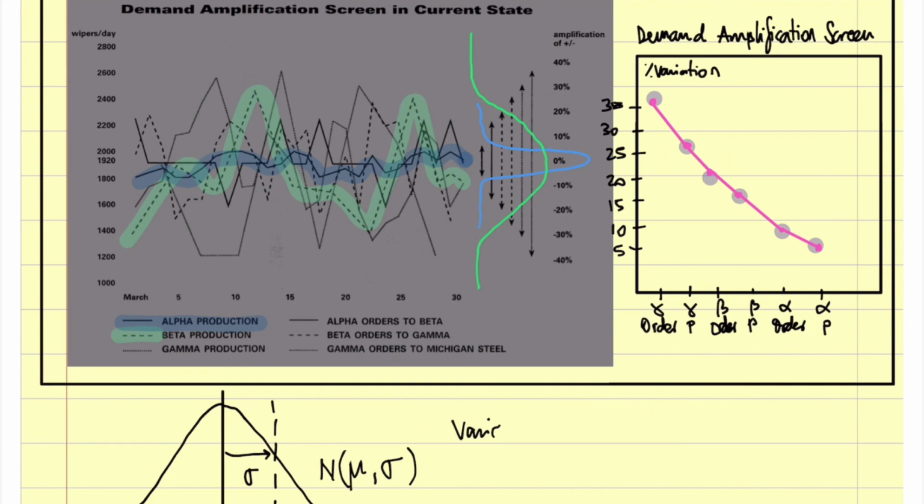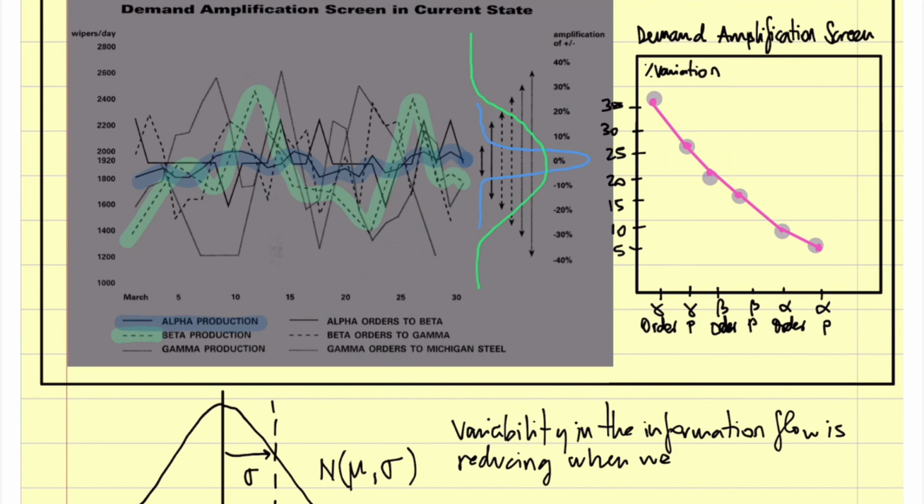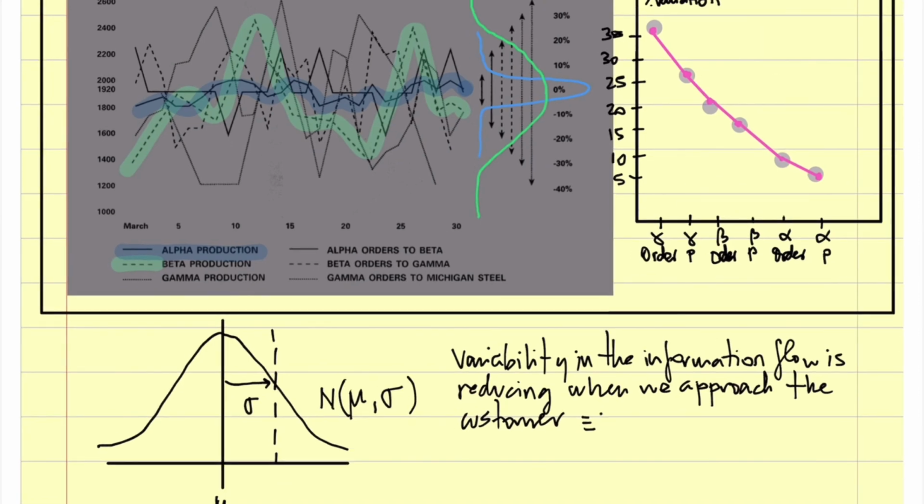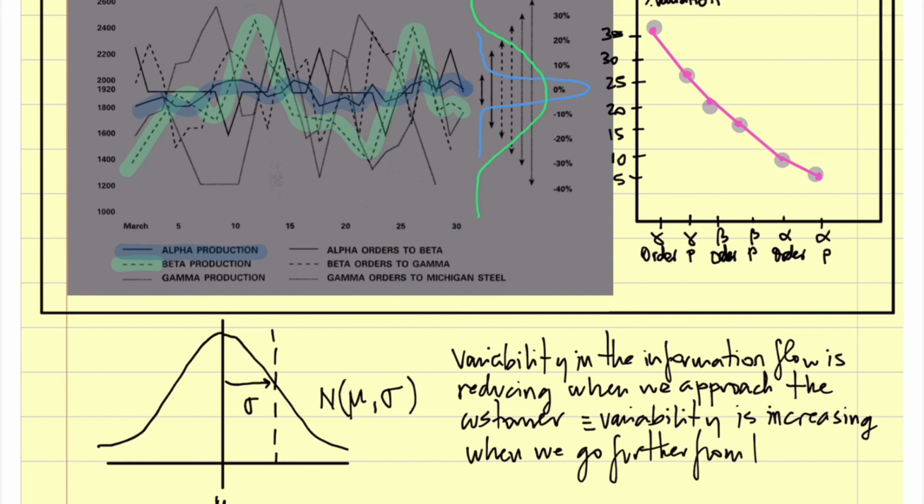So variability in the information flow is reducing when we approach the customer, which is the same as saying the variability is increasing when we go farther from the customer.